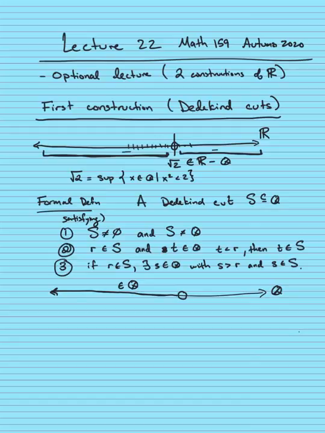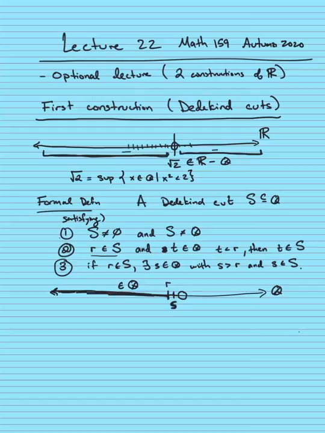So it's a ray pointing to the left. Okay, so it's not all the rationals. If you ever find a rational in here, you know that it has to contain all the rationals less than it. And finally, you also know that you can find a rational number greater than it, and still in the set.